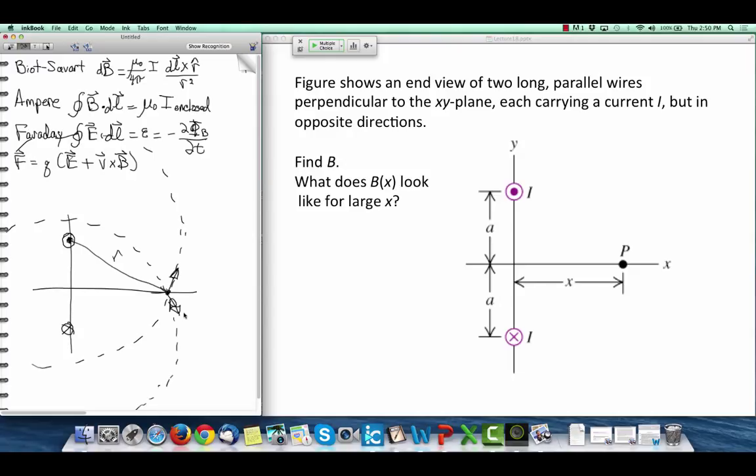And so these two fields will partially cancel each other. One's to the right and up, one's to the right and down. The up and down parts will cancel, and you end up with something that points to the right at this point.